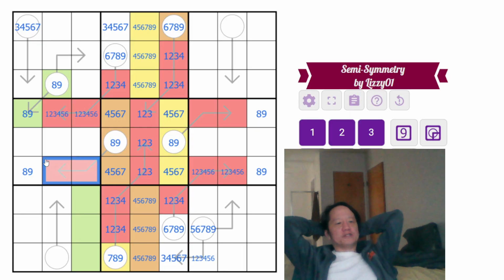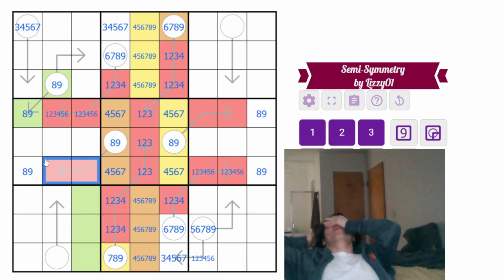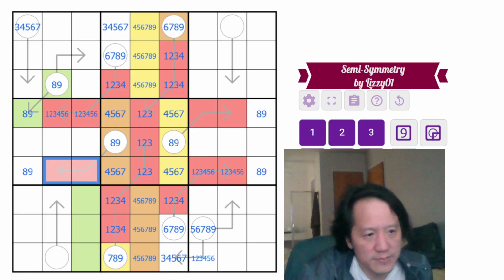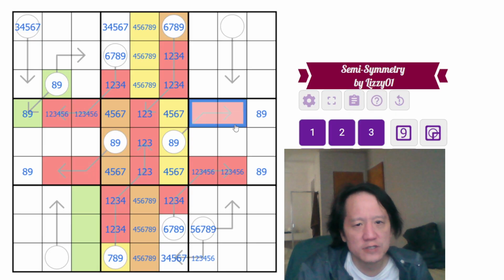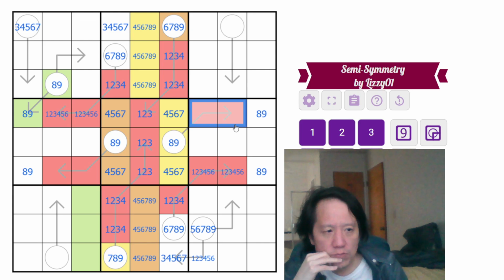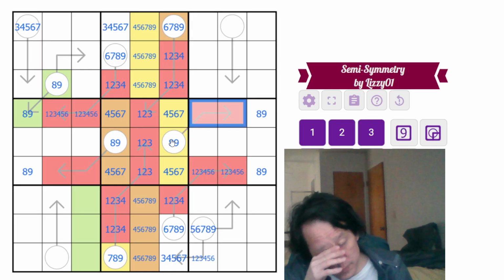One of them has to be 7, and I think the other one has to be 6, right? If it's not, you can't. I guess you could be 1, 2, 3, 6, 7, right? Hmm.